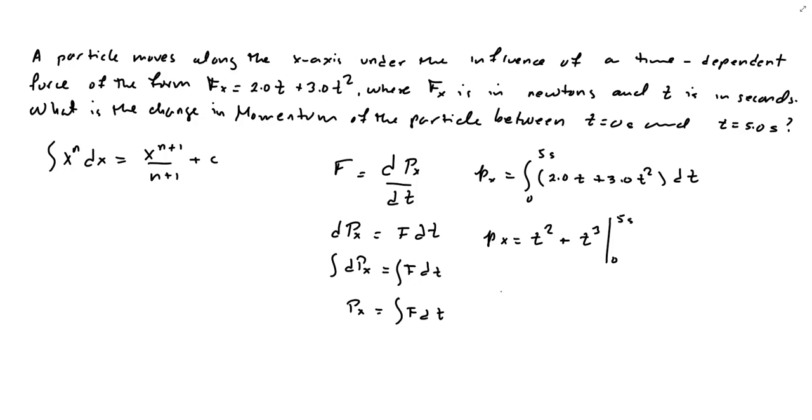So p sub x here will be, in this case, 5 squared plus 5 to the third, minus 0 squared plus 0 to the third, and then p sub x will be 25 plus 125.